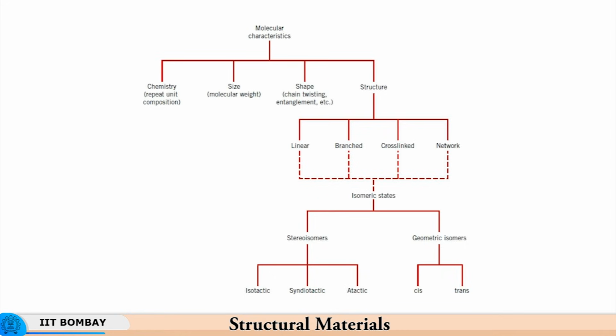When these chains entangle, again it generates a different set of properties, a different kind of mechanical behavior, different melting points. So one can tailor the polymer behavior to your needs by using an appropriate composition of molecular weight. So you can have any property that you want by combining appropriately the different sets of molecular weight.